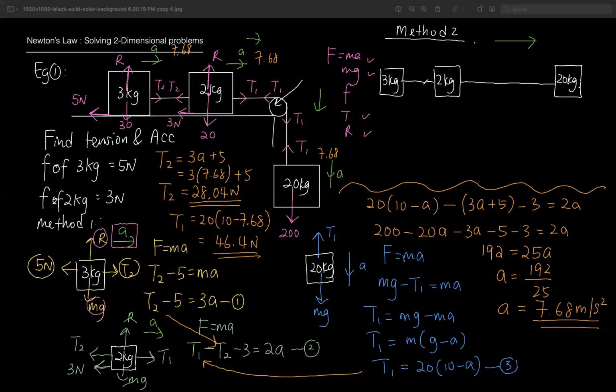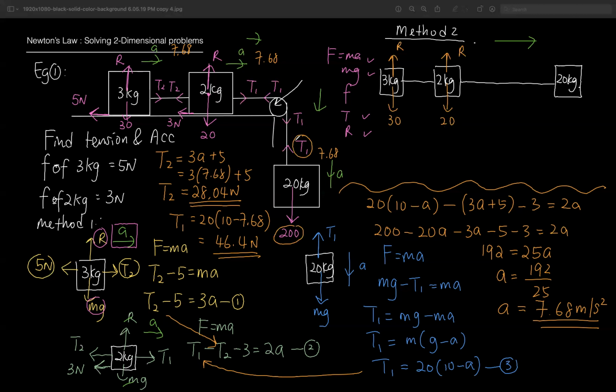Okay, this 3 kg, 2 kg, 20 kg, they are all moving to the right. Now, what about the forces? Same, you keep this one, R20, this one, again, R30. What about the 20 kg? Initially, T1 is pointing up and the 200 is downward, right? When you straighten it, now T1 is pointing where?